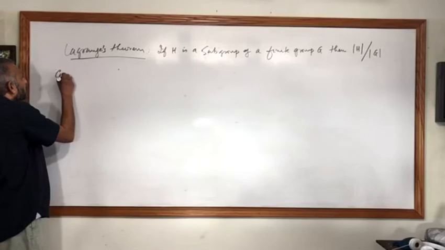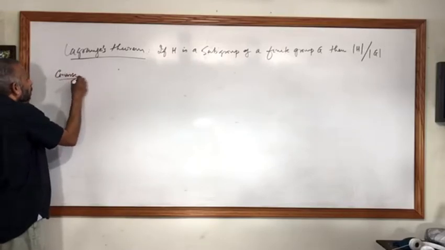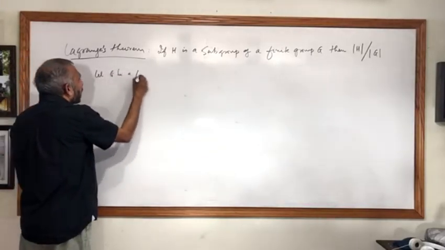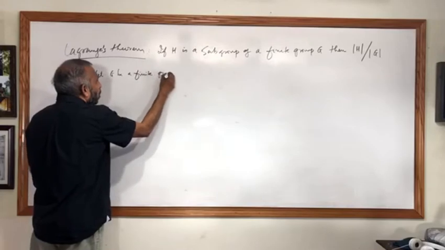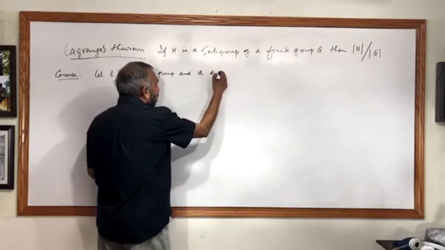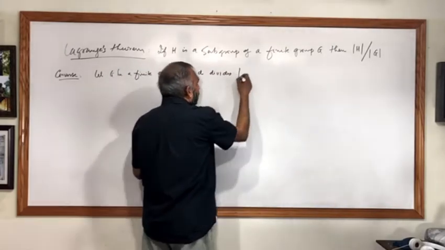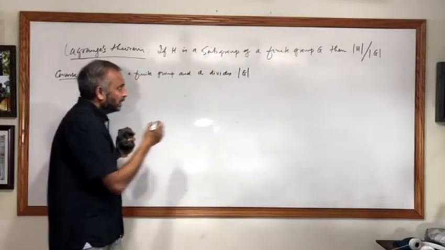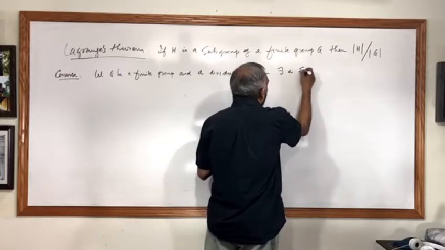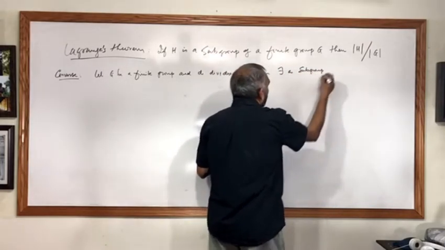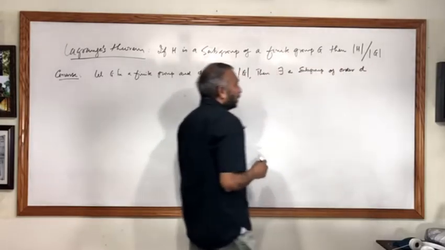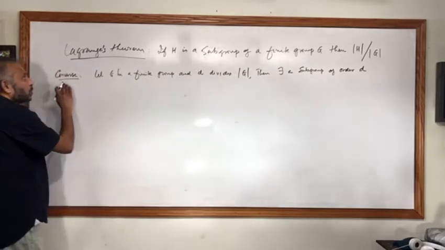The converse of this theorem would be: let G be a finite group and D divides the order of G, then there exists a subgroup of order D. This is not always true.